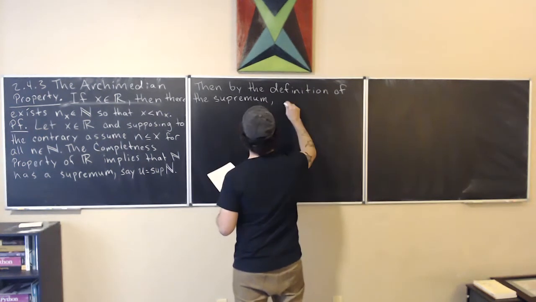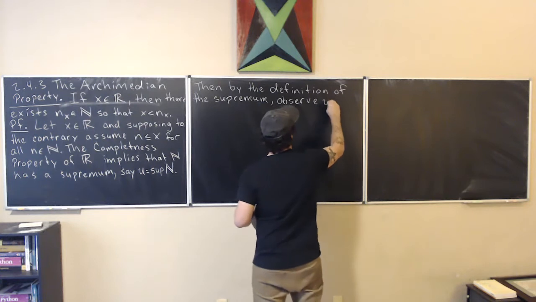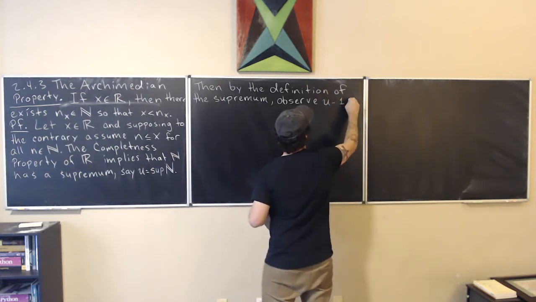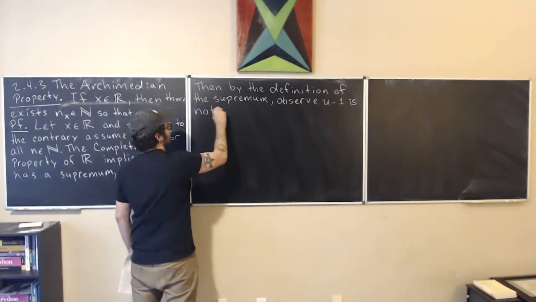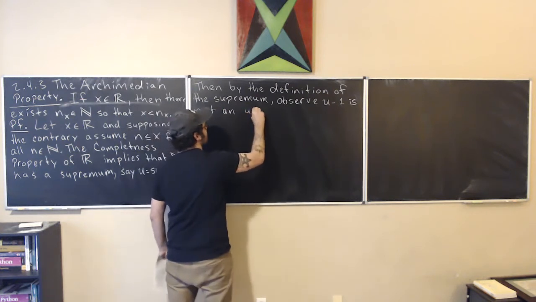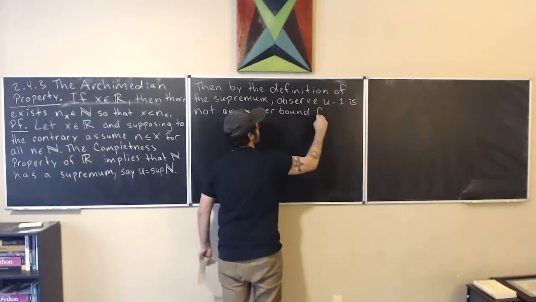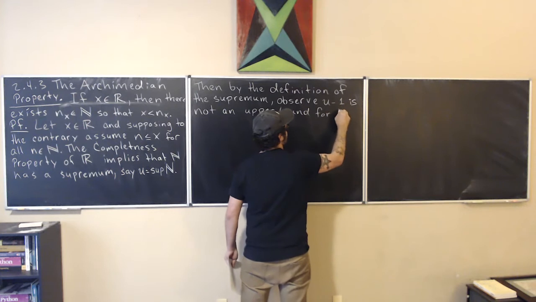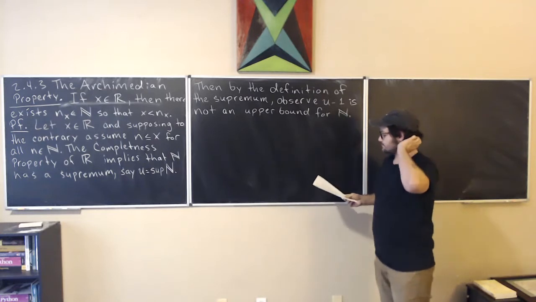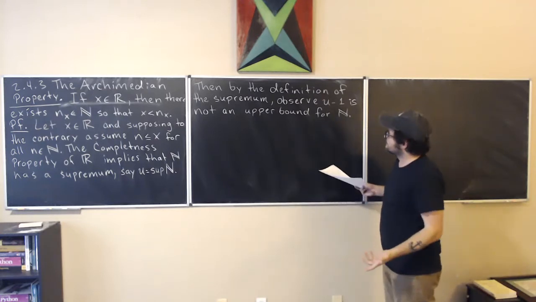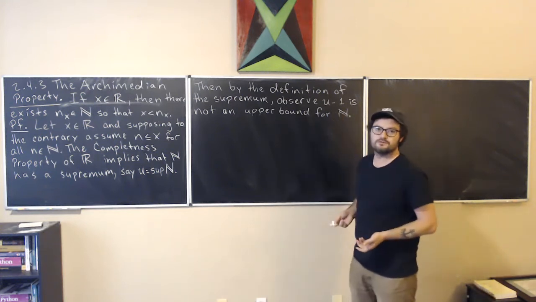So then by the definition of the supremum, observe that U minus 1 is not an upper bound for the naturals. Okay. So if it's not an upper bound for the naturals, then there is some natural number that's larger than U minus 1.